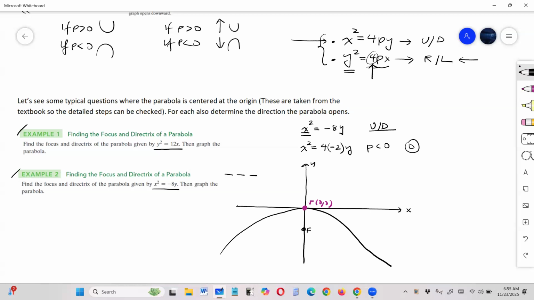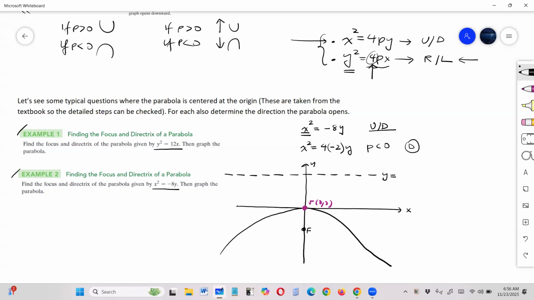So in this case, the directrix is here. Now, because the directrix cuts the y-axis, its equation is going to be y equals something. Don't write x equals something, y. Y equals something. So on the parabolas that are up and down, the directrix is y equals. The parabolas that are right or left, the directrix is x equals.